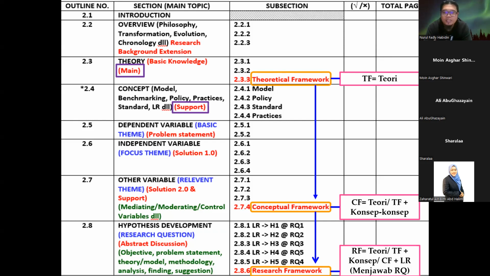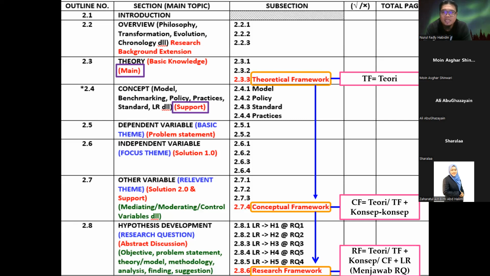There are a lot of things in the research background you need to discuss in this thesis. Never mind, you can continue with 2.2. That's why I call that overview. In my case, I wrote an overview of the Malaysian automotive industry. I just discuss what the Malaysian automotive industry actually is, who the competitors are, and why Malaysia needs development in the automotive industry. So 2.2 is not in the research background, because the research background is the issues, the relevant research issues.